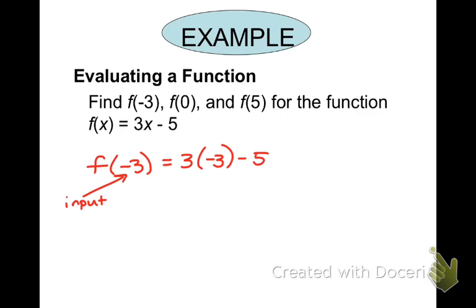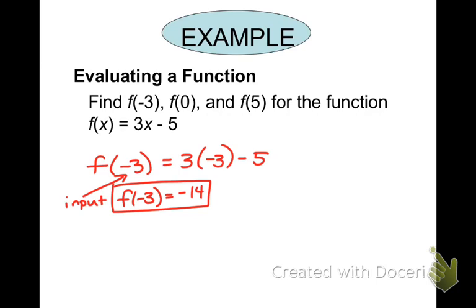Negative 9 minus 5, negative 14. So f of negative 3 is equal to negative 14 would be a solid answer. What this is telling me is I evaluated function f for x being negative 3, and when I put in negative 3 for x, my output ended up being negative 14.